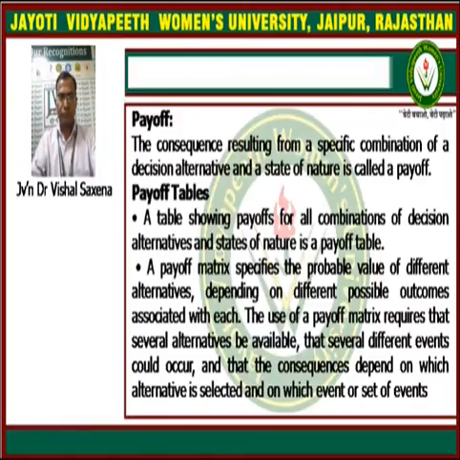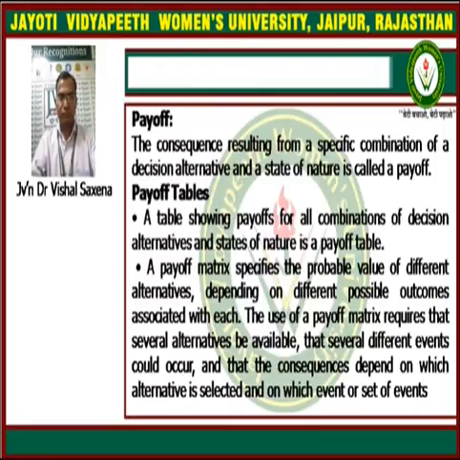And a payoff matrix specifies the probable value of different alternatives, which depends on the different possible outcomes associated with each. So a payoff matrix shows the probable values of different alternatives, depending on the different possible outcomes associated with each. The use of the payoff matrix requires that several alternatives be available.